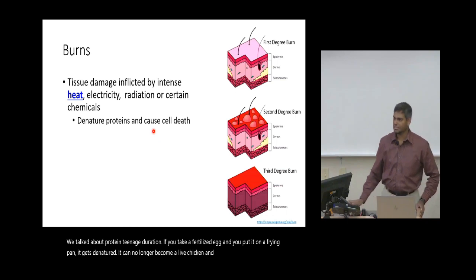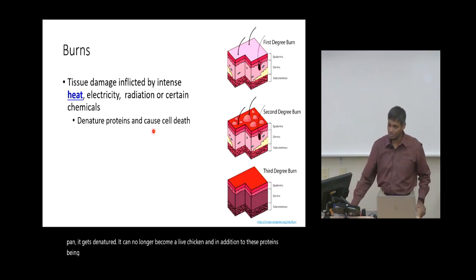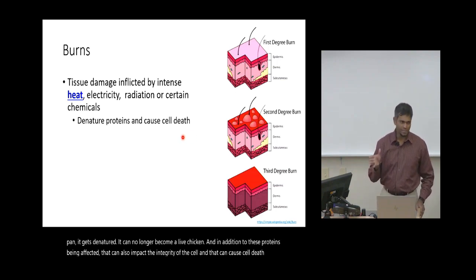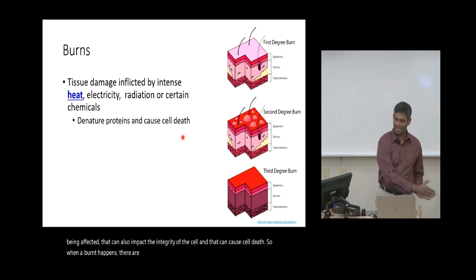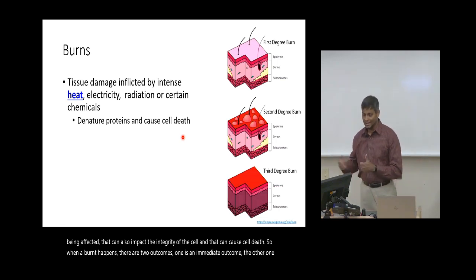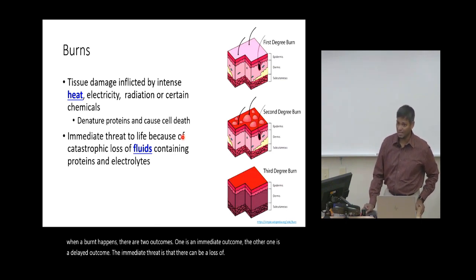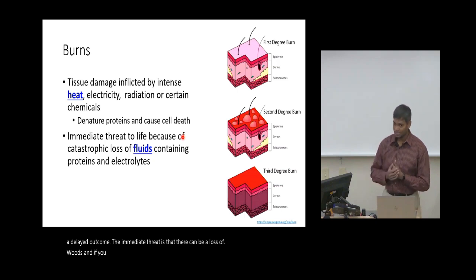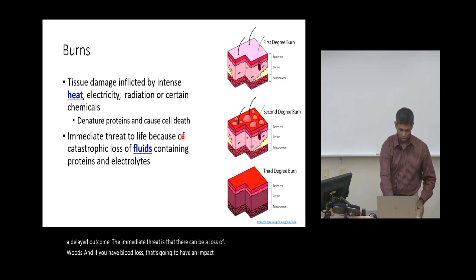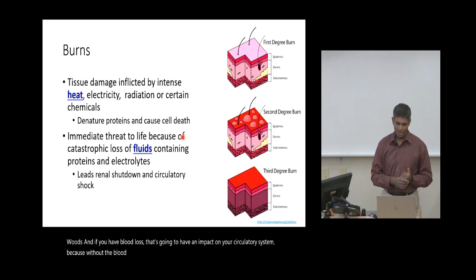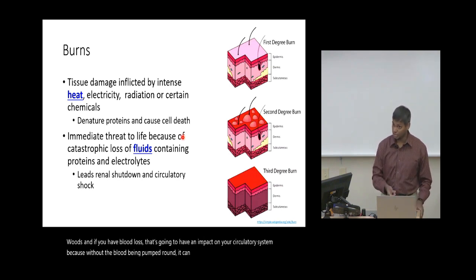In addition to these proteins being affected, that can also impact the integrity of the cell, and that can cause cell death. So when a burn happens, there are two outcomes: one is an immediate outcome, the other is a delayed outcome. The immediate threat is that there can be a loss of fluids, and if you have blood loss, that's going to have an impact on your circulatory system, because without the blood being pumped around, it can lead to circulatory shock.